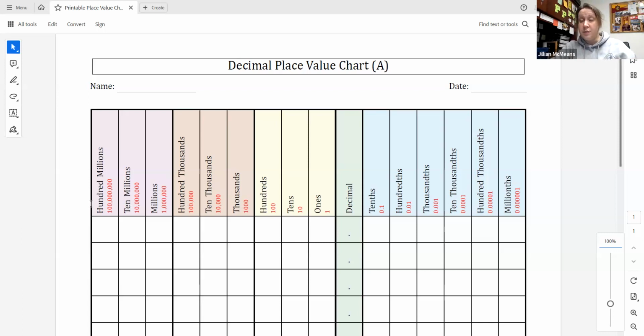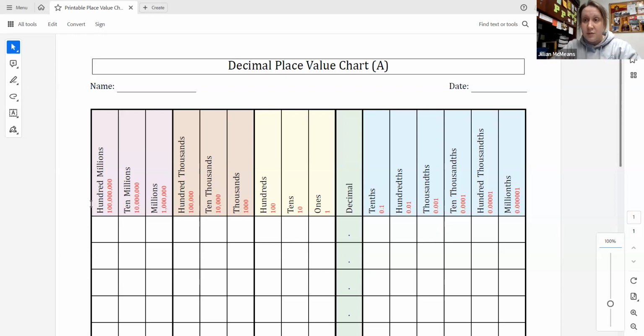If we kept going, we would have billions, 10 billions, 100 billions, trillions, 10 trillions, 100 trillions, and so forth. So again, if you're before the decimal, you start at the smallest digit, which is going to be the one closest to the decimal. You work your way to the left, and it's ones, tens, hundreds, comma, thousands, 10,000s, 100,000s, comma, millions, 10 millions, 100 millions, comma, billions, 10 billions, and so forth.